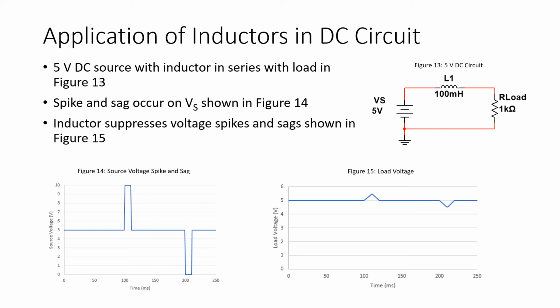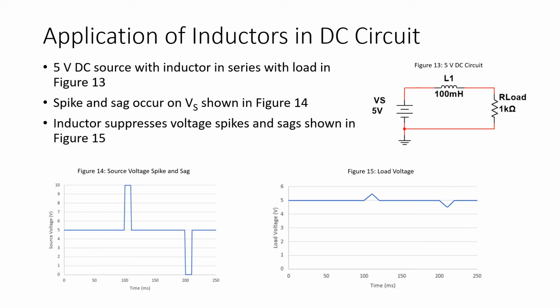What can happen in a circuit like this is that, because of things like lightning strikes, motors turning on or off, or welding equipment nearby, voltage spikes and voltage sags can occur on this DC voltage.